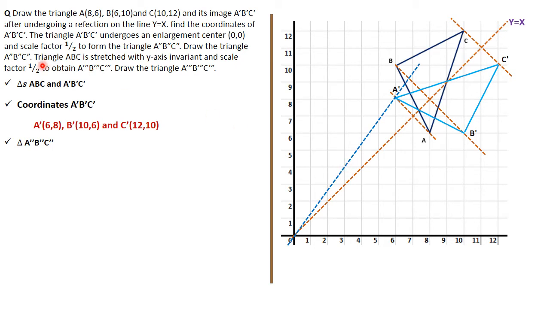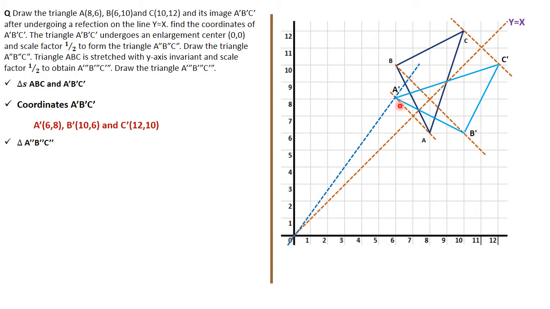Since it's a diminished scale factor, it's a half. Therefore, the image of this point, according to this particular transformation, goes halfway the distance from the center of enlargement to the point A prime.